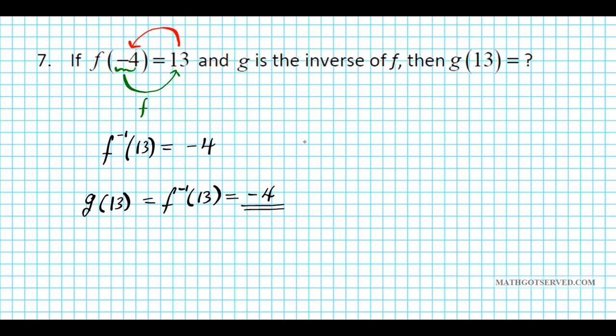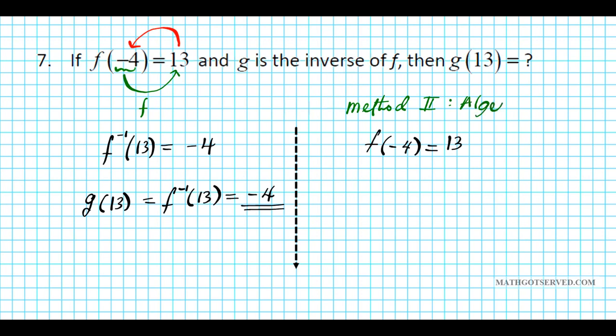Now we can also do this symbolically. So let's go ahead and do this algebraically using algebraic notation. So if f of negative 4 is equal to 13, if I want to find the f inverse of 13, what I'll do is I'll take the inverse of both sides. Okay, let me just title this part. This is method 2, algebraic.